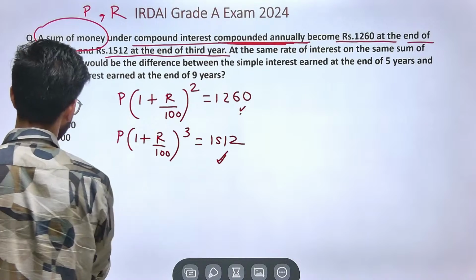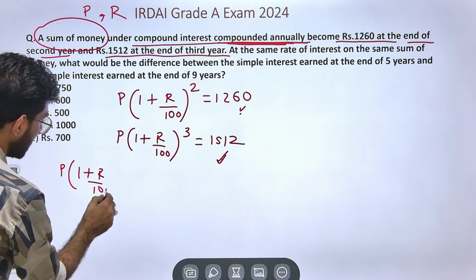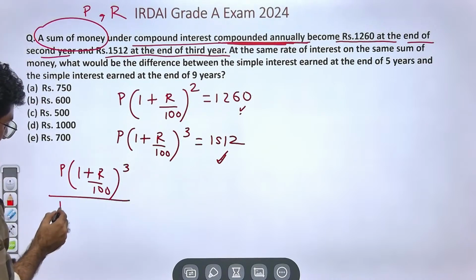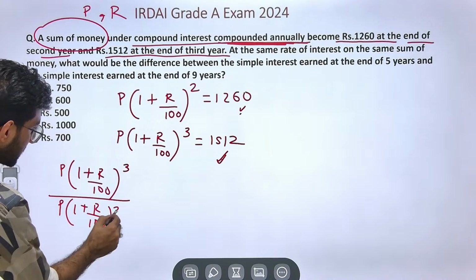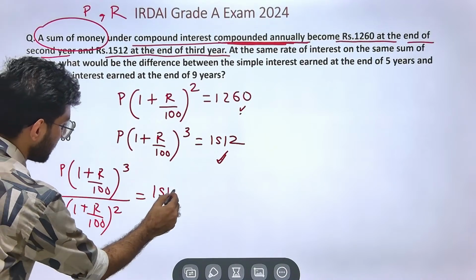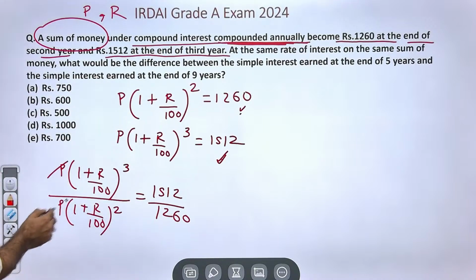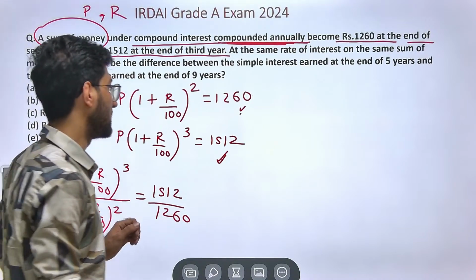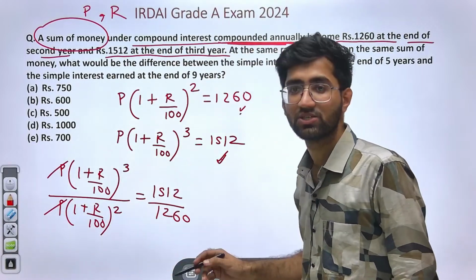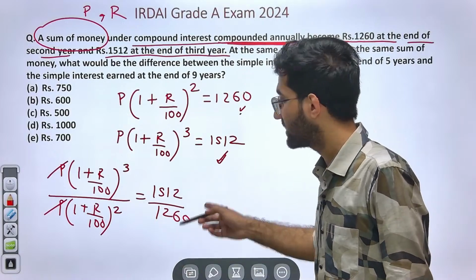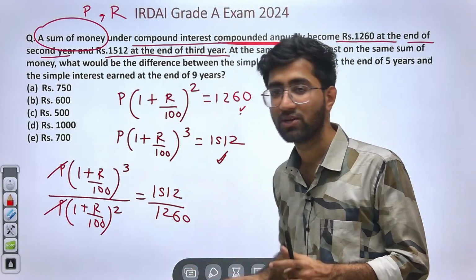P into (1 plus R by 100) to the power 3 divided by P into (1 plus R by 100) to the power 2 is equal to 1512 by 1260. So P and P will cancel each other, and the common powers will also cancel each other, right? If you are good at calculation, you will be able to simplify these values quickly.